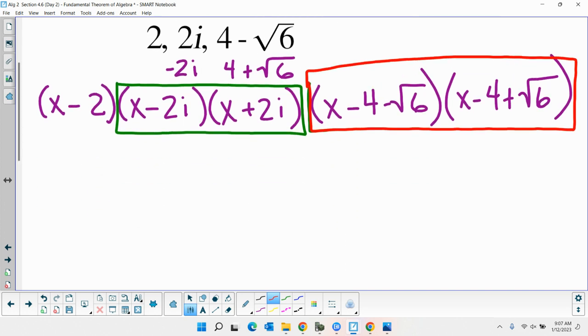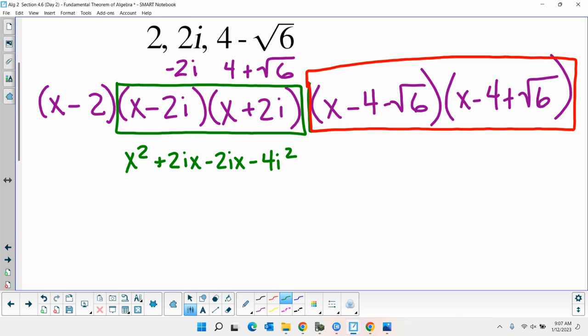Green? Okay. Too slow. X times x. X times positive 2i. I always do alphabetical order with the i's. I comes before x. But if you put xi, that's okay. Negative 2i times x. And negative 2i times positive 2i is negative 4i squared. What happens to the 2i x's?